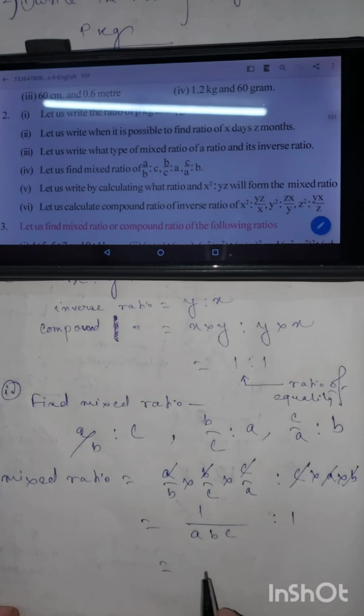That means 1 is to ABC. So this is our answer.